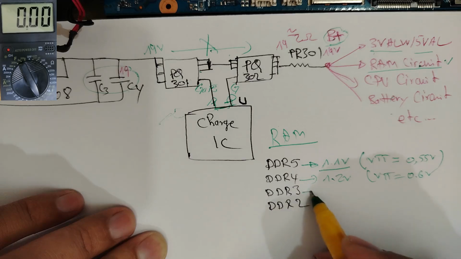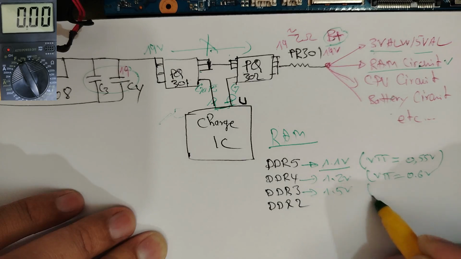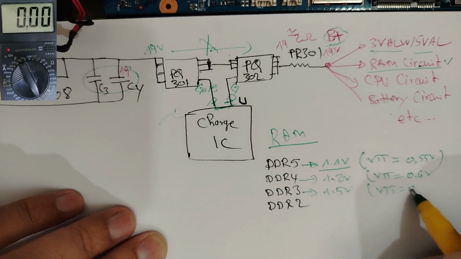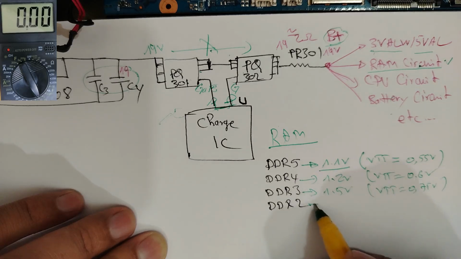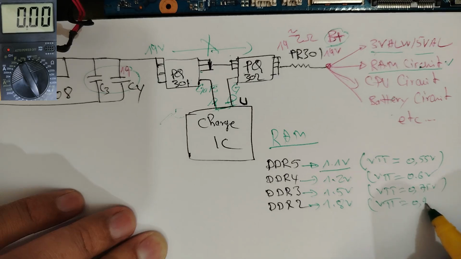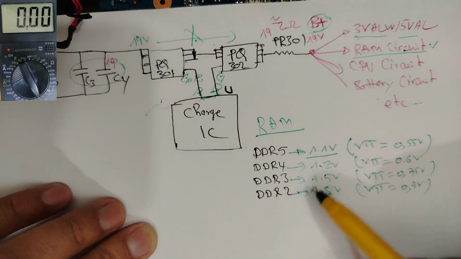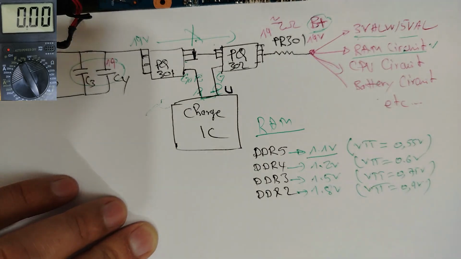For DDR3, 1.5 volt, VTT equal to 0.75 volt, and DDR2 1.8 volt, and VTT equal to 0.9 volt. I can even show to you some motherboards with this voltage because this is very important for beginners.